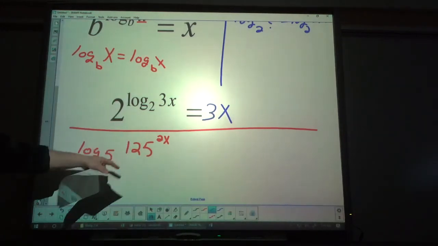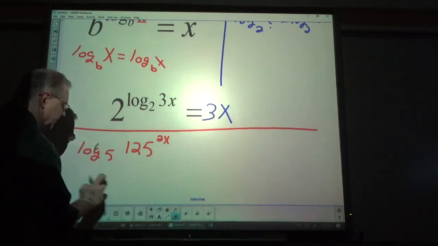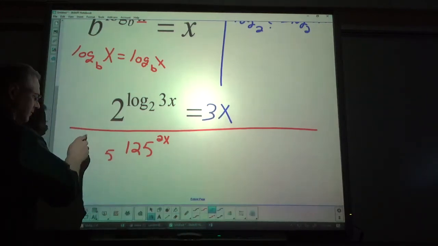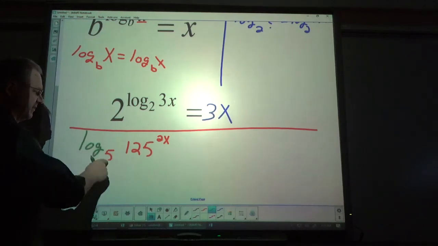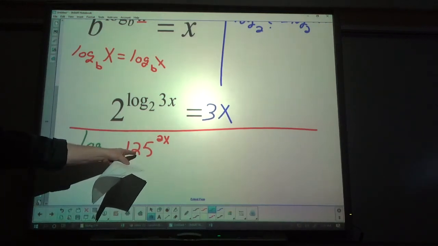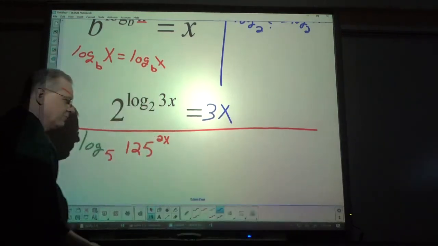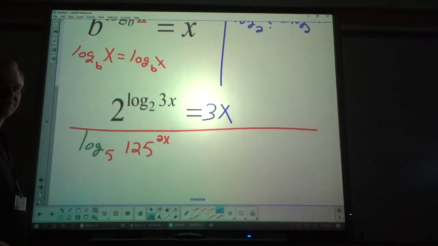I didn't draw that very well. Let me rewrite that. Log base 5 of 125 to the 2x. The base and the base of the power are not the same. Can't we rewrite this as 5 to a power?